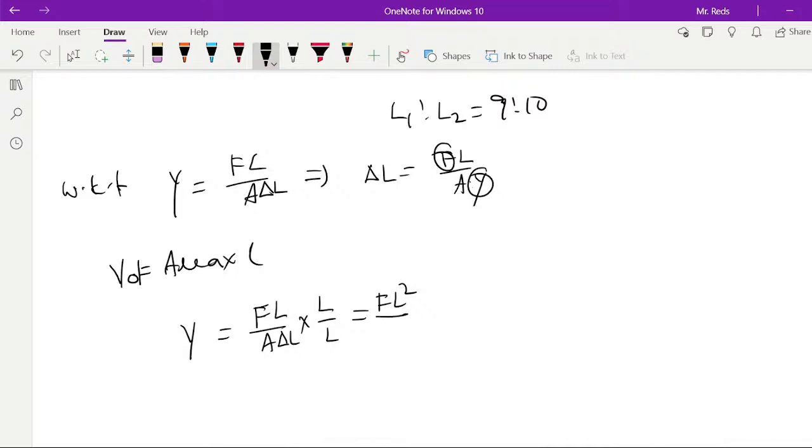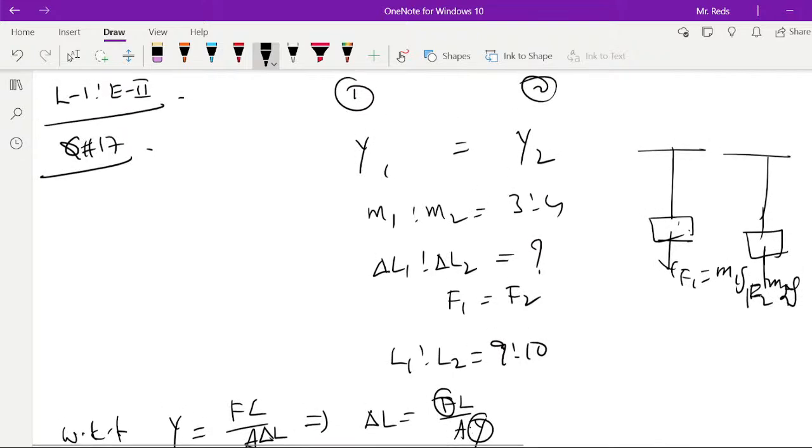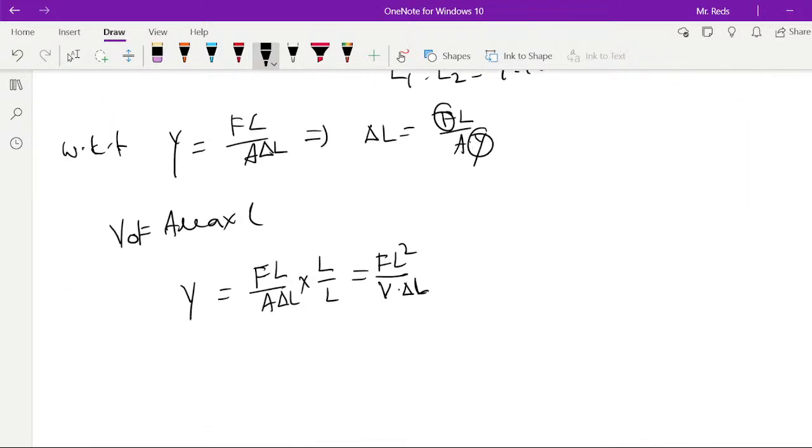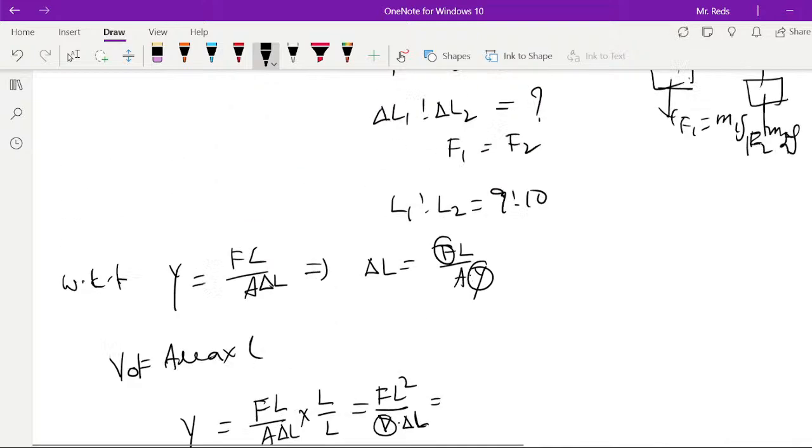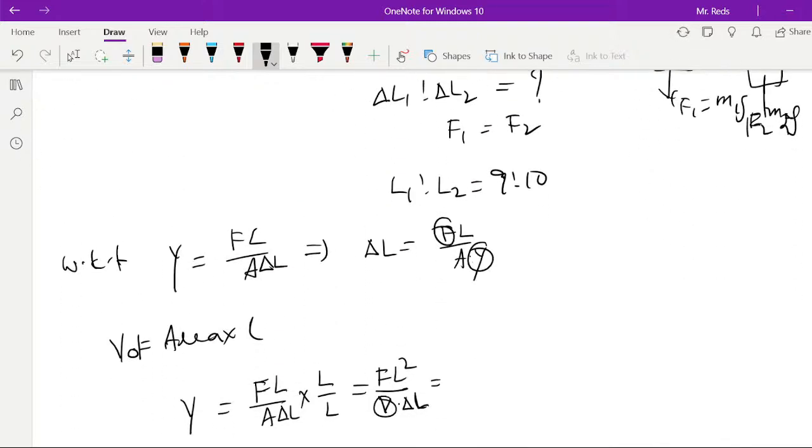So Y is equal to F L square by A L, which is volume, into delta L. Both are made of the same material, and the same material means the density will also be the same. F is mg, so you can write m g into L square by V into delta L.